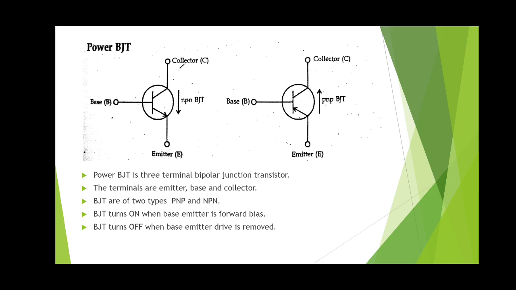BJT turns on when base emitter is forward biased and BJT turns off when base emitter drive is removed. Now in the power electronic circuits, this power BJT we are going to use for on off switching. We are not going to use this BJT as an amplifier.